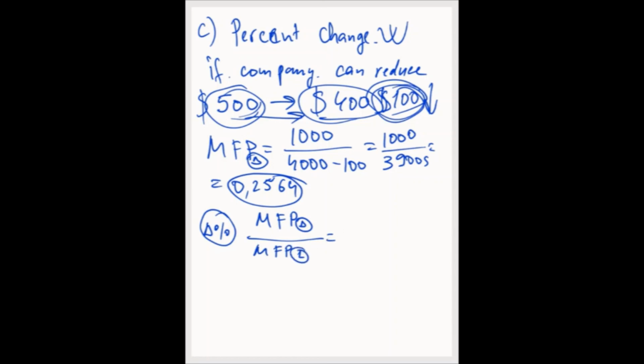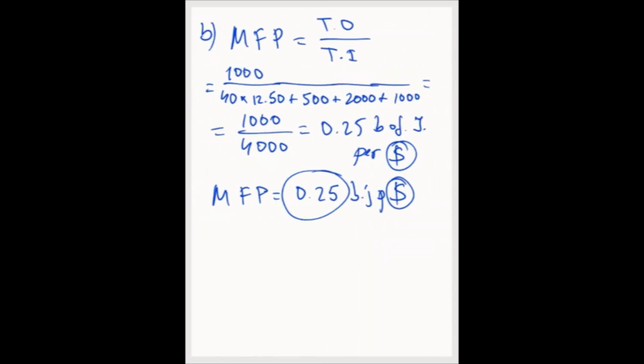So let's put in actual numbers here. Multifactor productivity after change is 0.2564. As you can see this, we have multifactor productivity before change 0.25.